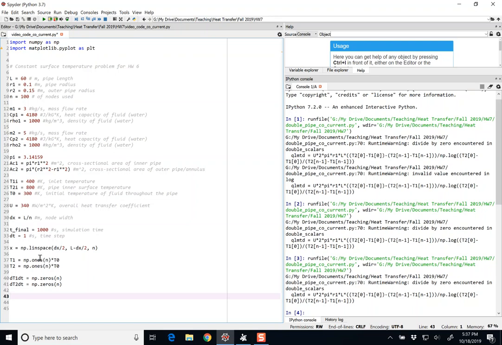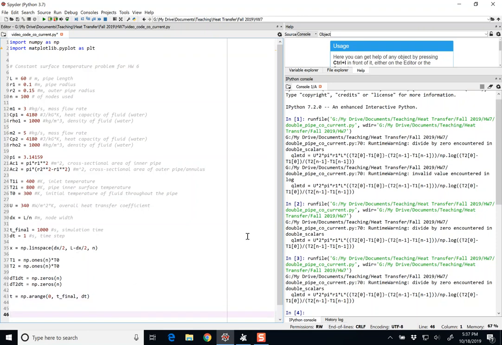Let's go ahead and define our time vector as well. So this is going to be a vector that goes from 0 to t final in increments of dt.